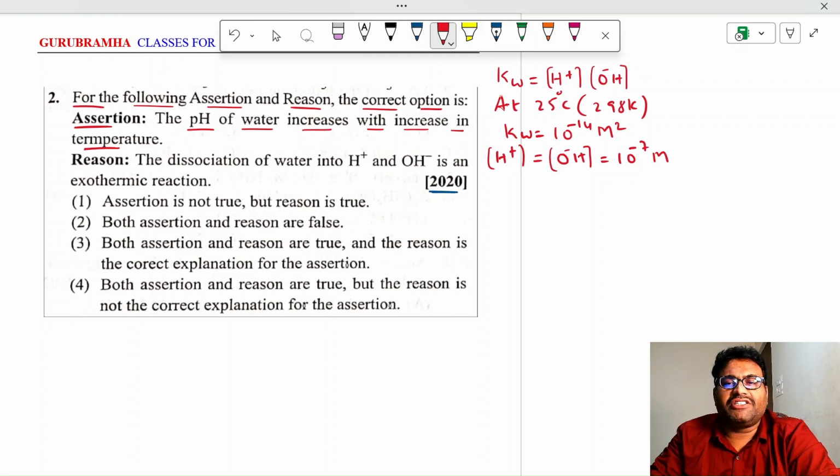On increasing temperature, see, Kw is dependent only on temperature.